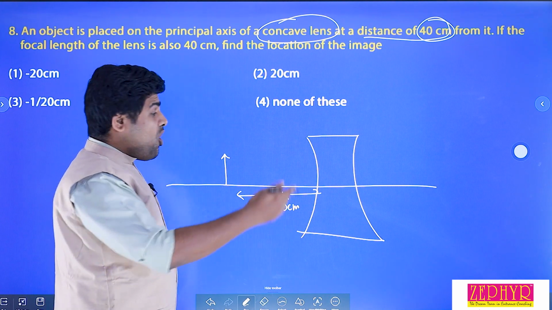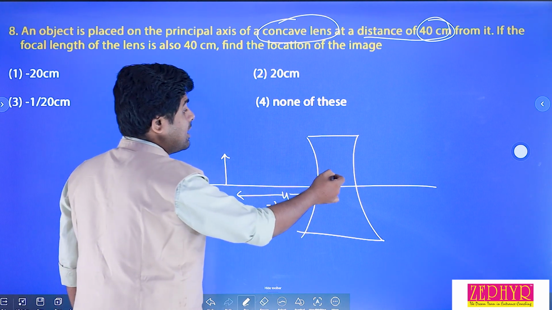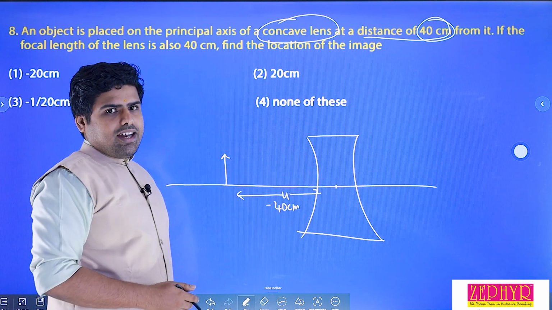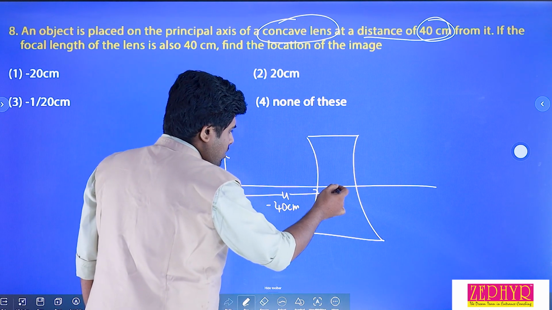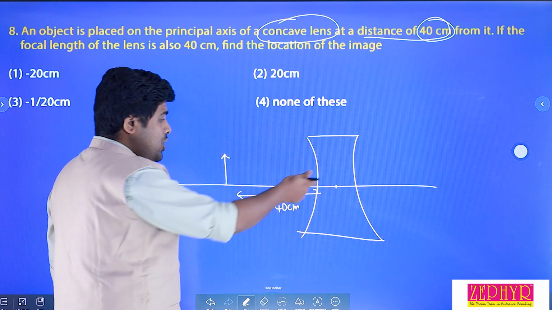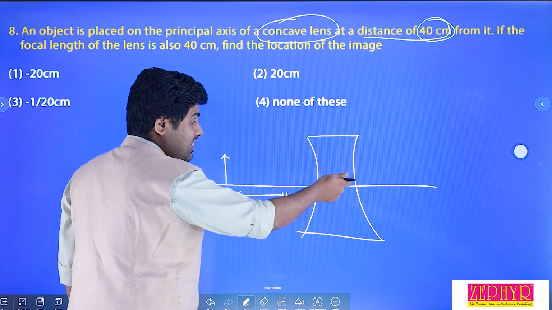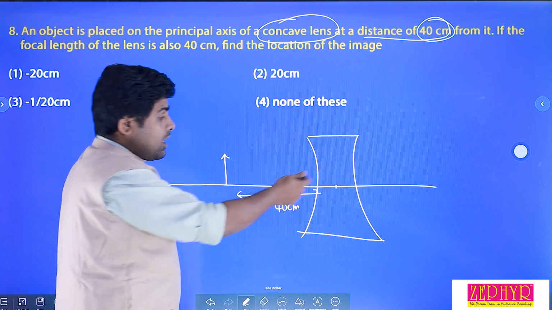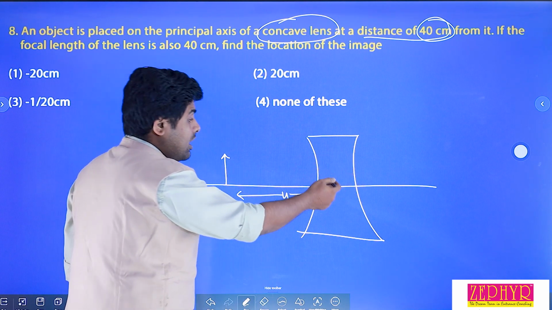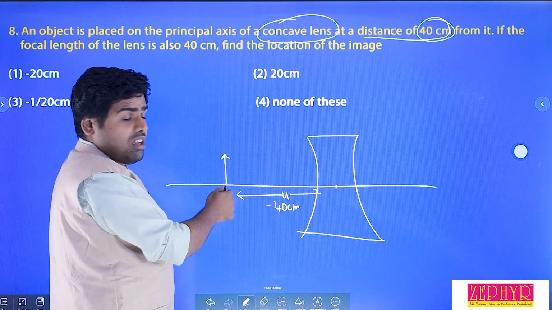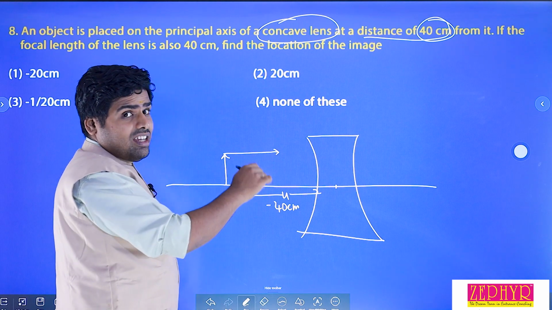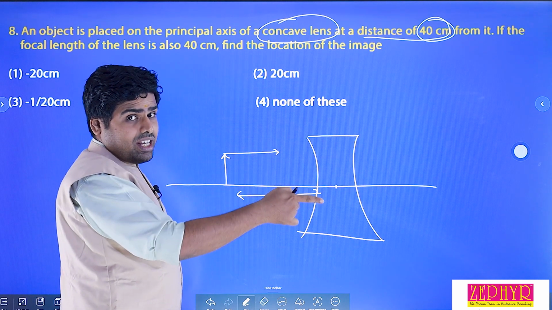See, we measure all the distances from the lens to object or lens to image, right? So here from lens to object, we measure the distance from right to left. We consider the direction of the incident light ray as the positive direction.